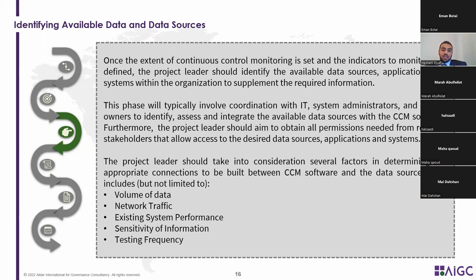Do you have data that is huge and requires a significant amount of processing power to be communicated or connected? How sensitive is the information? Sometimes the information is so sensitive that you cannot even require direct access to it, and then we may add some kind of data warehouse in the middle in order to integrate the CCM tool with the data source.